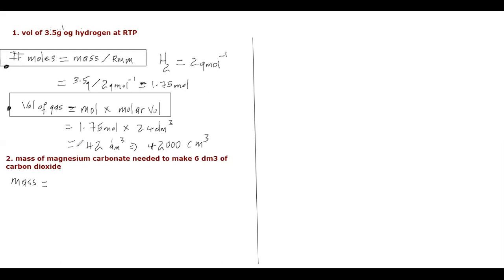Grams. No, that is a unit. The RMM times the number of moles. So it's RMM times the number of moles, right? So in this case, we can work out the RMM of magnesium carbonate.